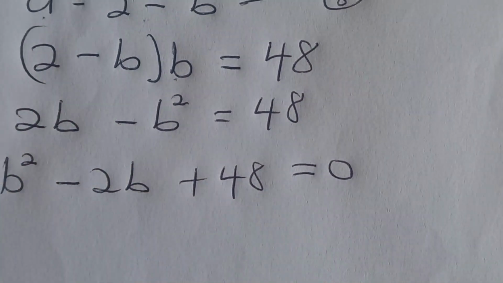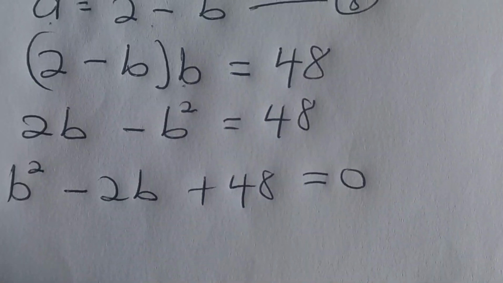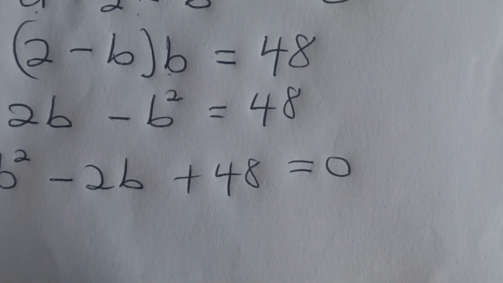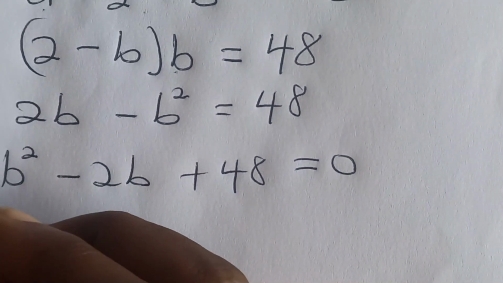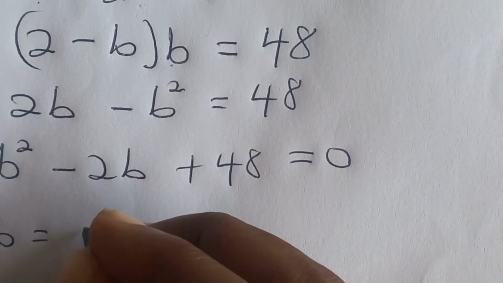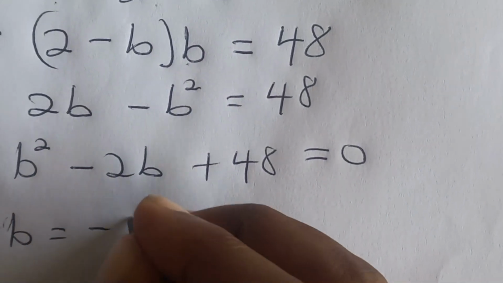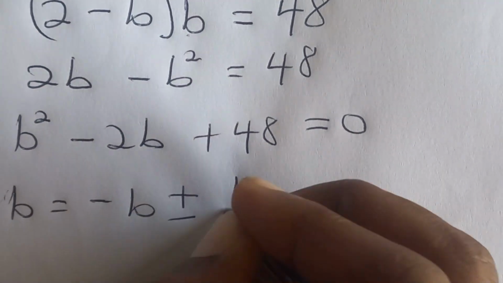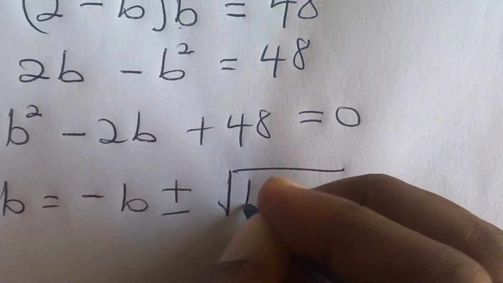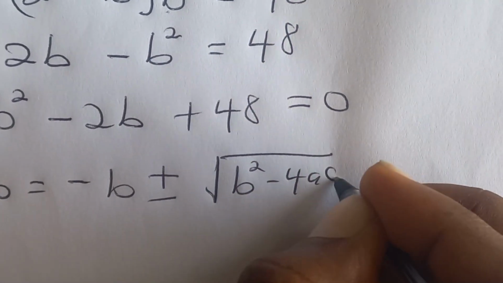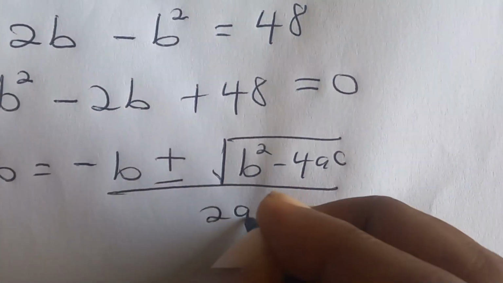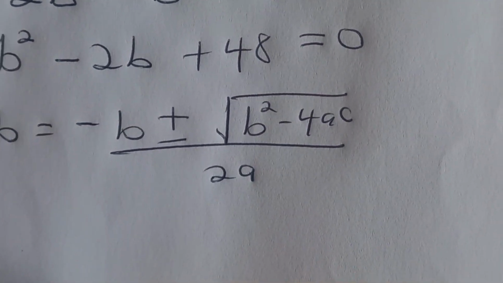Okay. From here, we use the quadratic formula to solve for b. So the quadratic formula, which is b is equal to minus b plus or minus square root of b squared minus 4ac all over 2a. Okay.